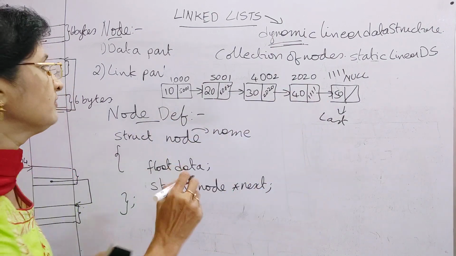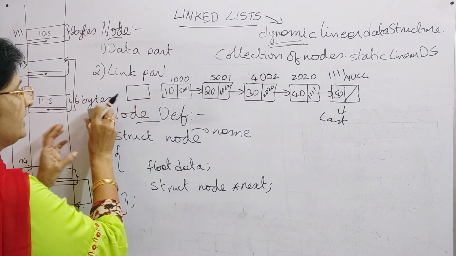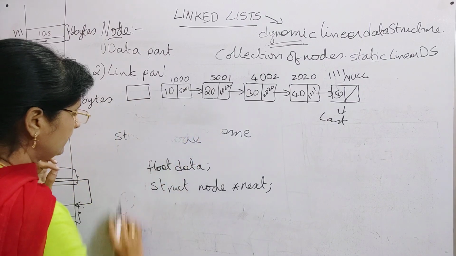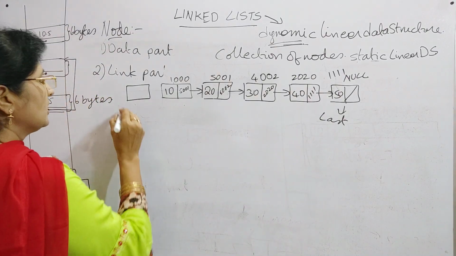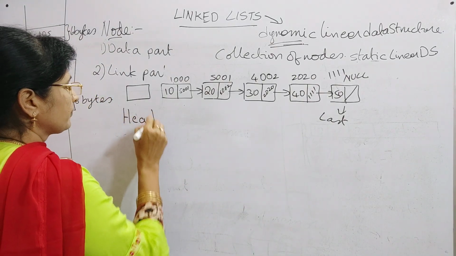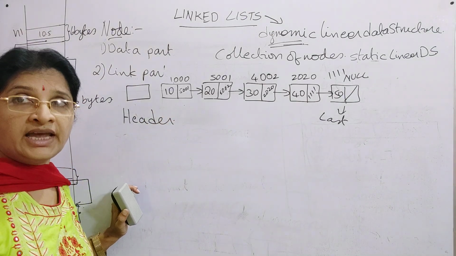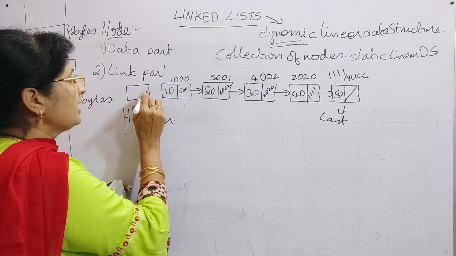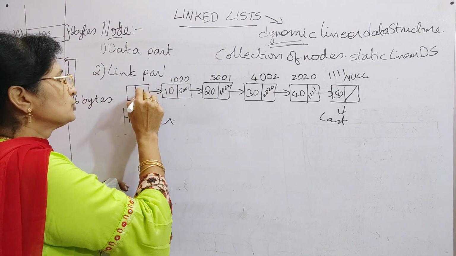That's why, whenever you are using a linked list, you will maintain a header for the linked list. This is called a header, and it will be used as the head of your list. In the next of this, we will place the first node address, that is 1000.